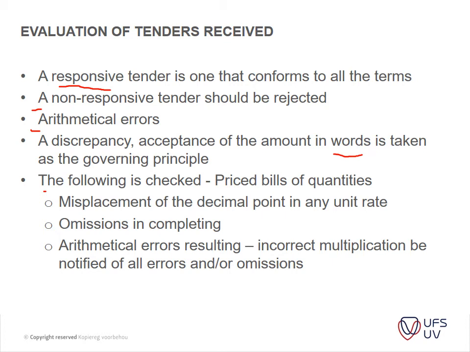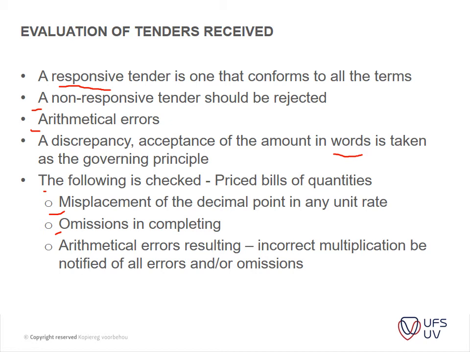Now you get to the price BOQ. Now you start comparing apples with apples on the price. So misplacement of decimal points in the unit rates might happen quite often, and that is usually checked. Omissions on completions.